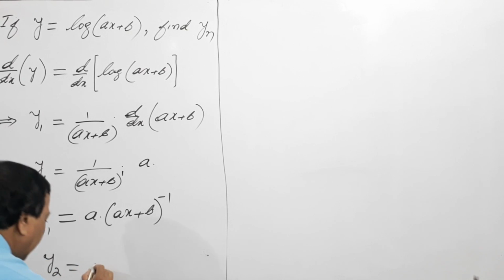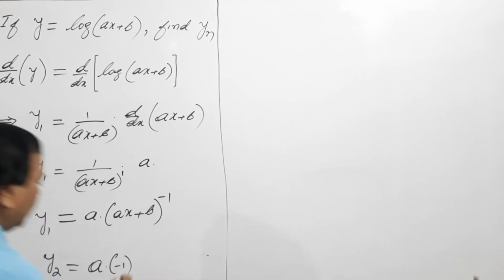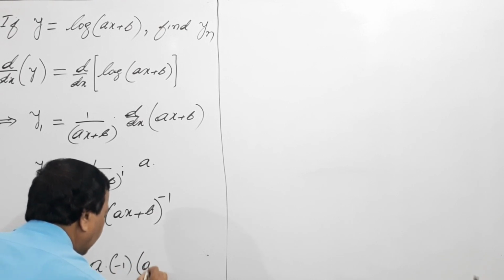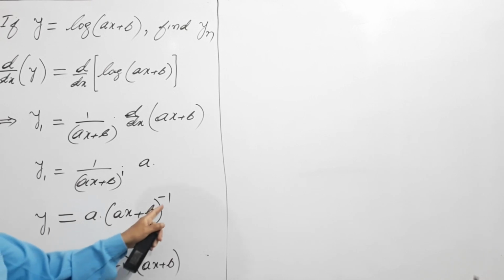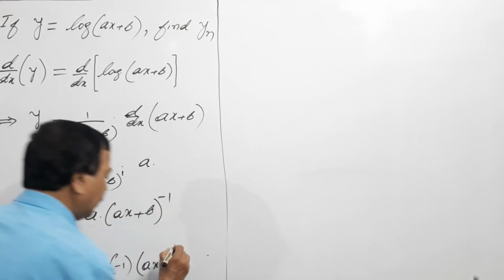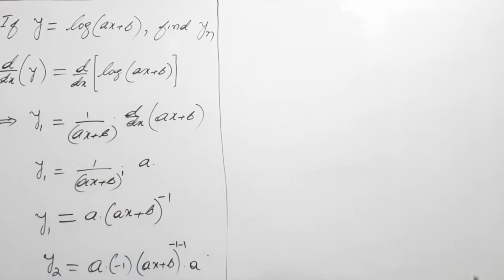Suppose now we'll go for y2. y2 will be a into minus 1 into ax plus b to the power of minus 1 into a.